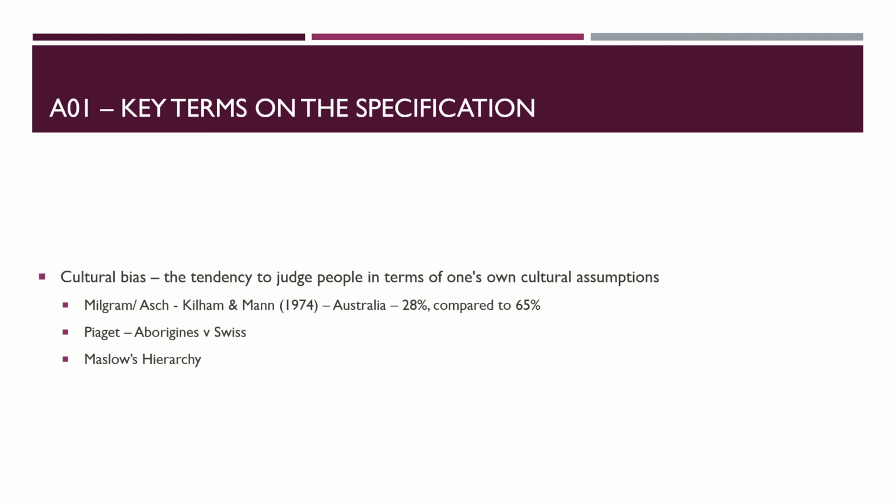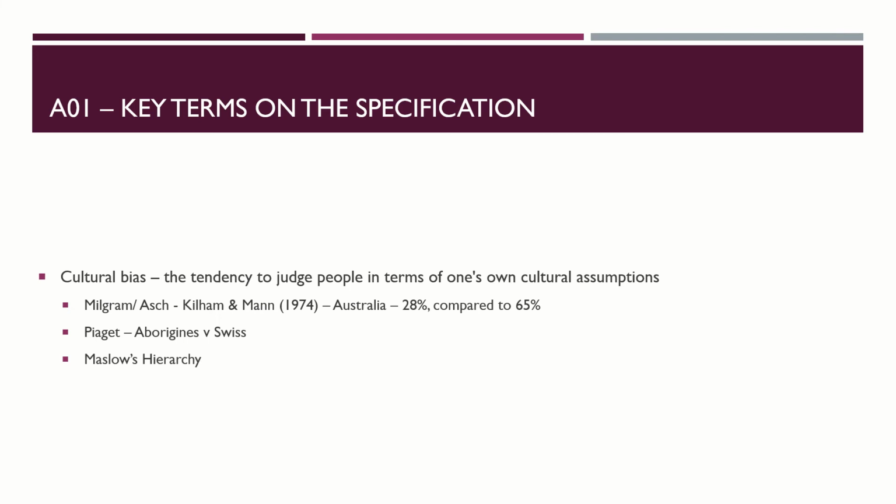Piaget as well claimed that he developed, if you can remember the term, universal stages, so stages that everybody from all countries went through, whereas Dasen in 1994, so if you want to make a note of their name, conducted research on Aborigines.